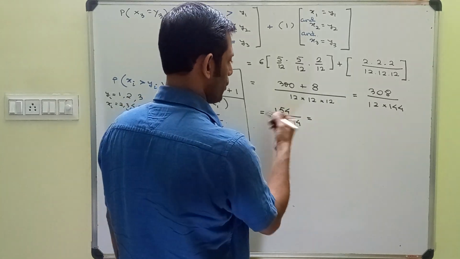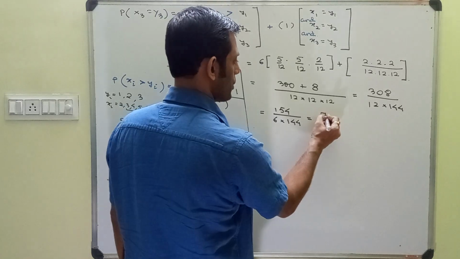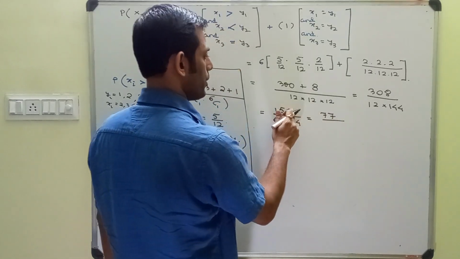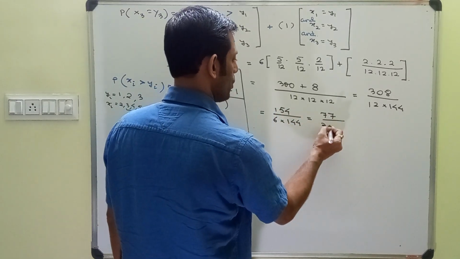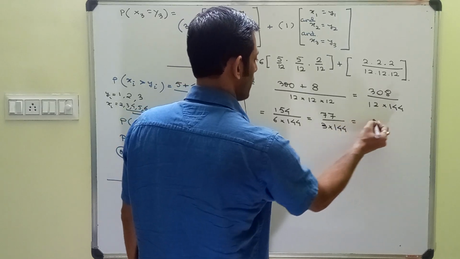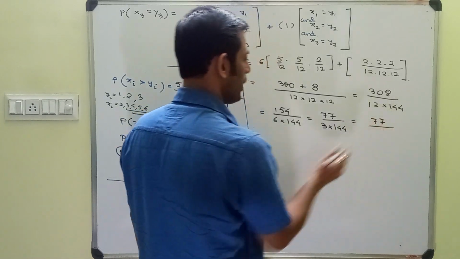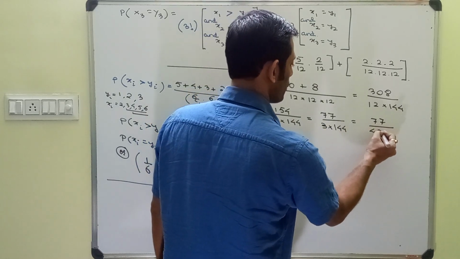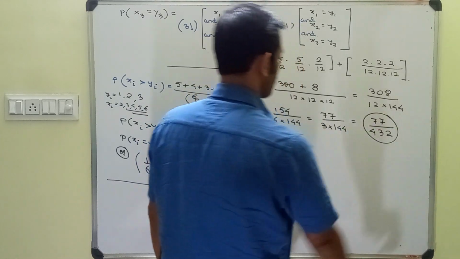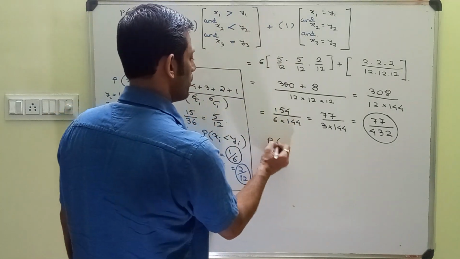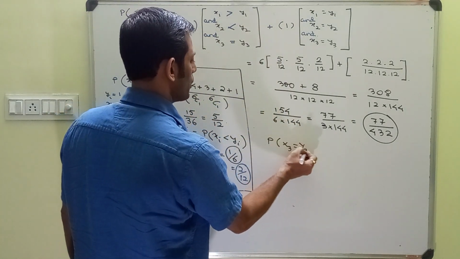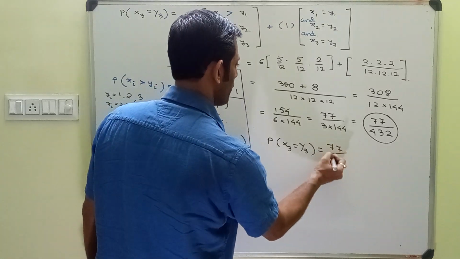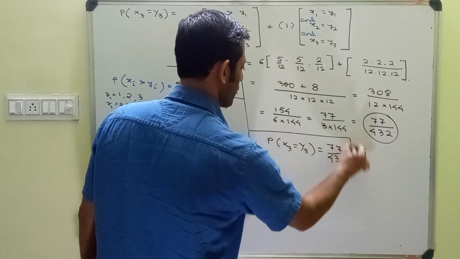Then what can we do is 77 here by 3 into 144. That means this can be 77 by 432. This can be the answer for the probability of x3 equal to y3.